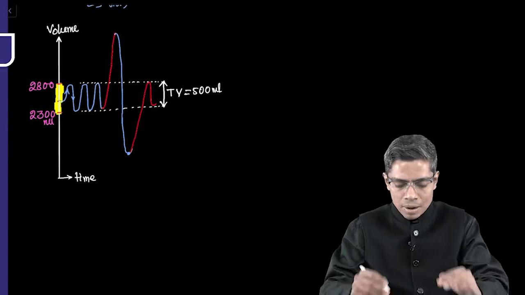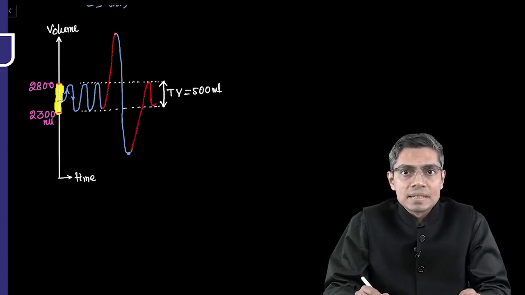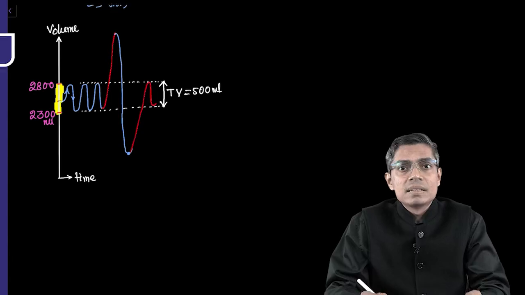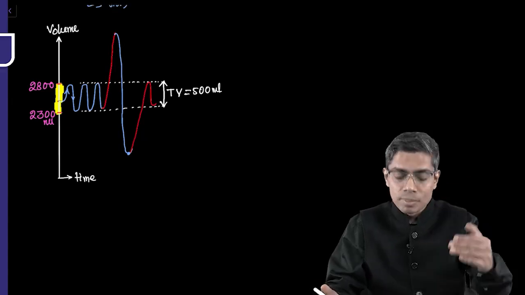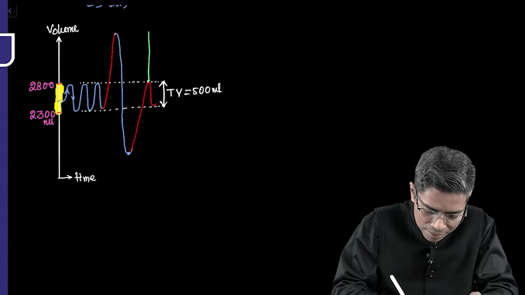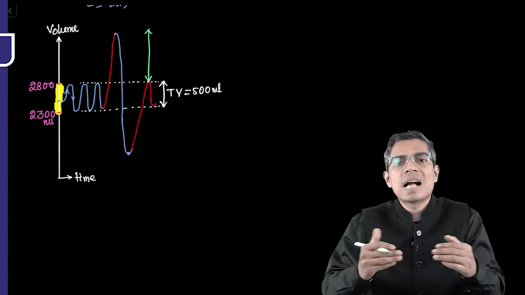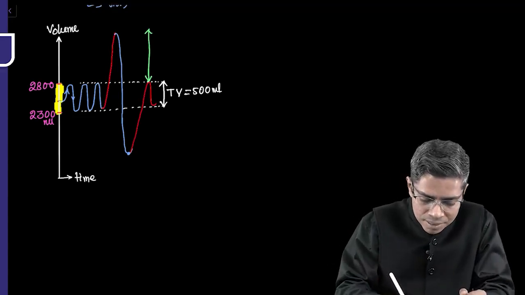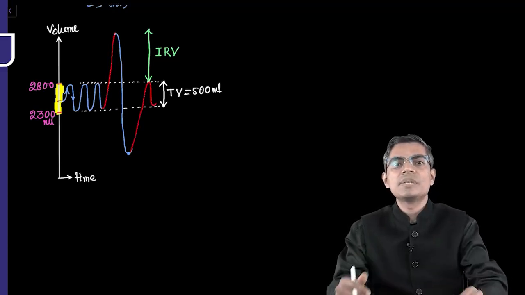Now if I want to measure how much extra air the subject breathes in during maximum inspiratory effort, extra above the normal amount, this is the normal part. The extra amount of air that enters the system during maximum inspiratory effort is known as inspiratory reserve volume. This volume normally remains in reserve in your lung.